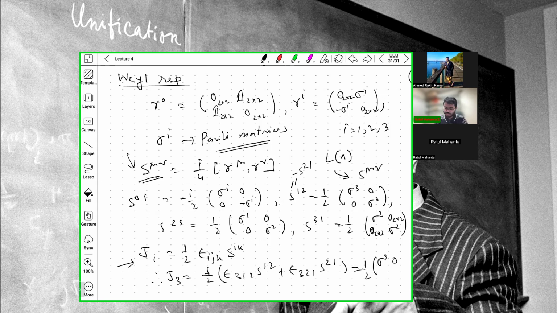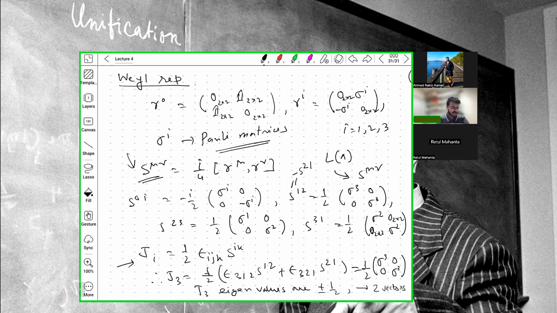So you can see the two copies of Pauli matrices, and the eigenvalues of this J3 as a 4 by 4 matrix are plus minus half, each having two vectors, so doubly degenerate.